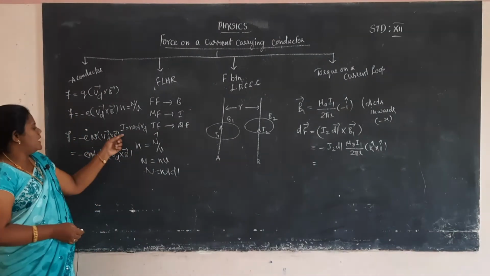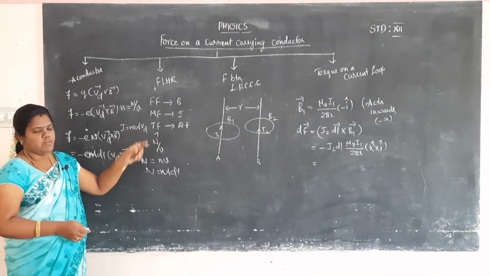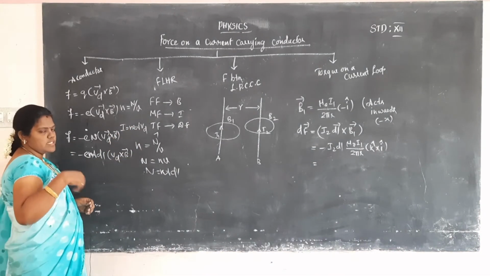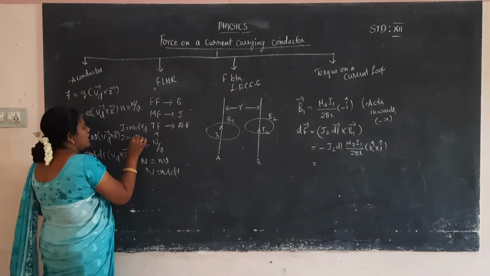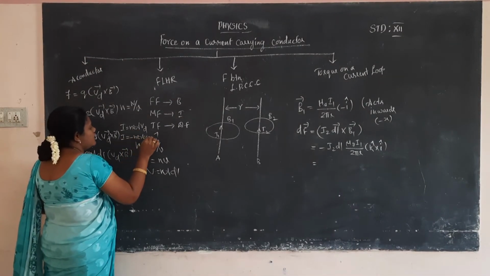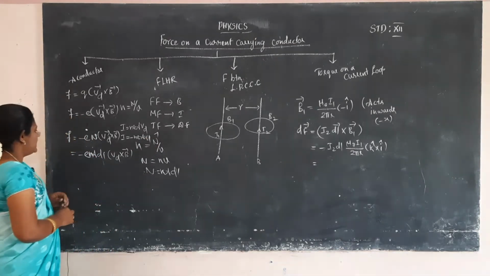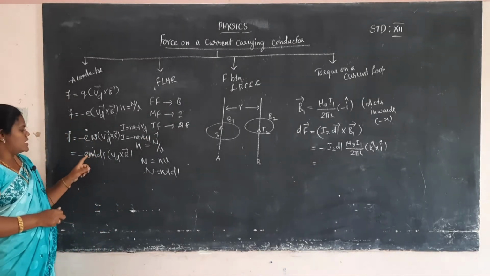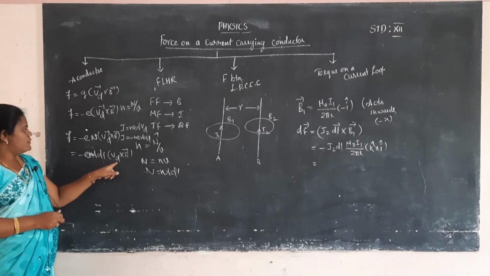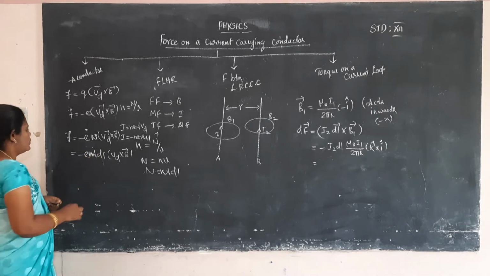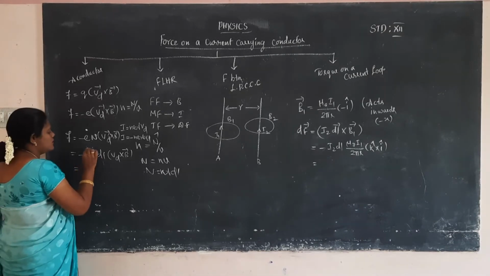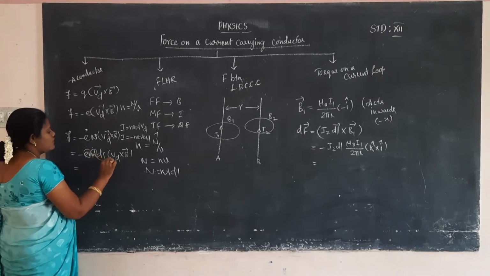So we consider that e is the charge of one electron, so I is equal to minus n e A Vd. So instead, we have to put I: n e A and Vd.